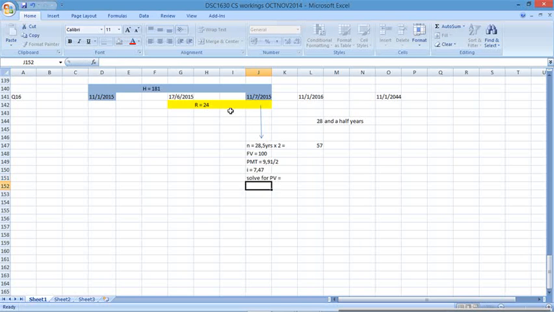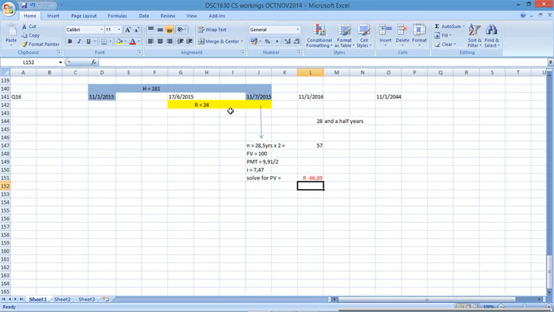Alright, solve for present value. If I solve for my present value using those variables, the rate was 0.0747. My N was 57. My payment was 9.91 divided by 2. Your future value was 100.